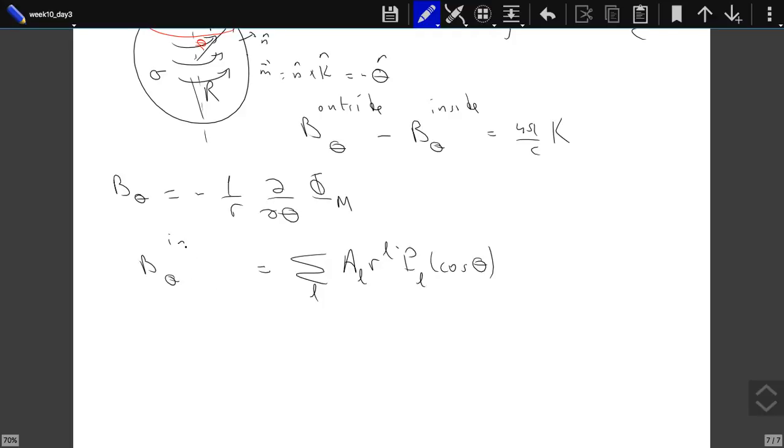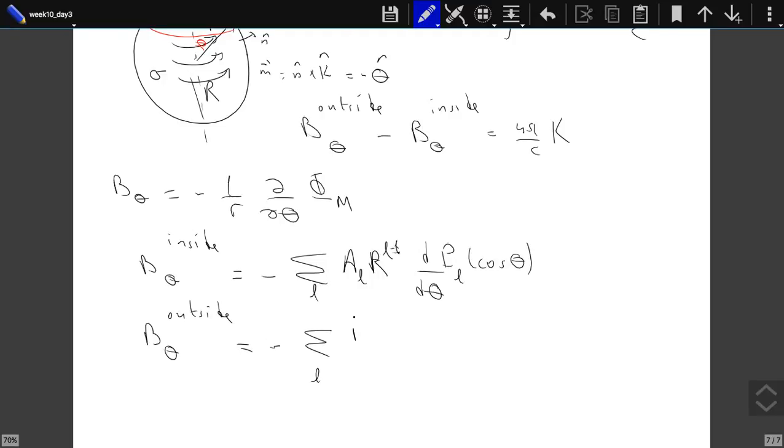So B theta, this is inside, is equal to minus sum over L of A L R to the power L minus 1, because I'm dividing by R, evaluating at the boundary, times the derivative of this P L. Now, B theta outside would be minus sum over L, B L over R to the power L plus 2, d by d theta of P L of cosine theta.